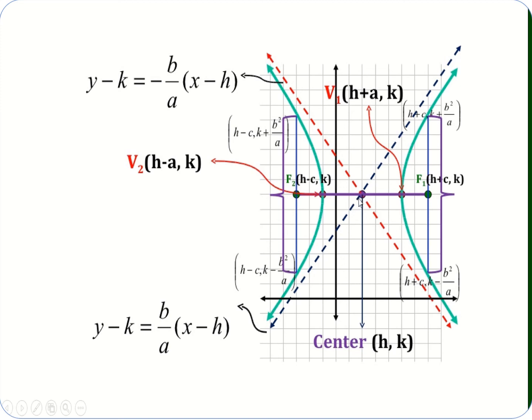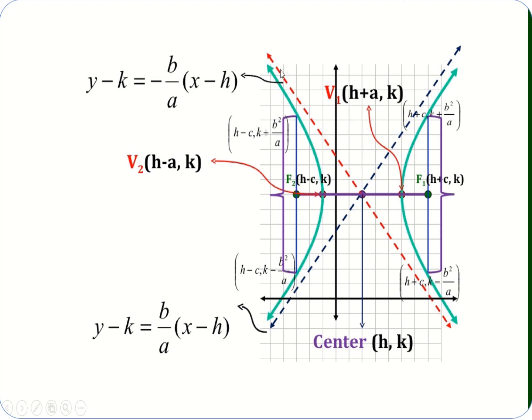Then F sub 2 is (h minus c, k). It is reversed, that one is F sub 1. Then the other one is (h plus c, k). For the vertices, we have (h minus a, k) and the other is (h plus a, k).